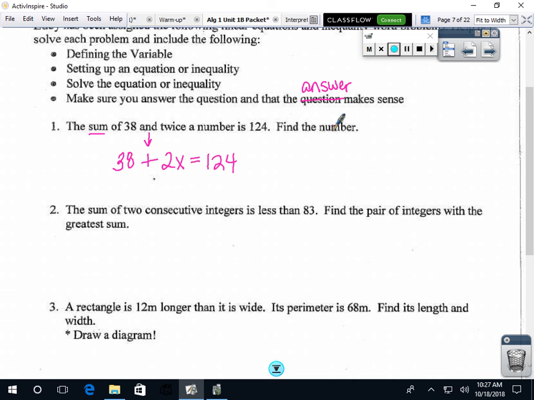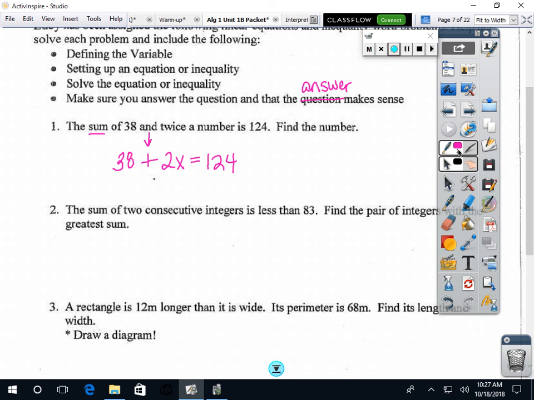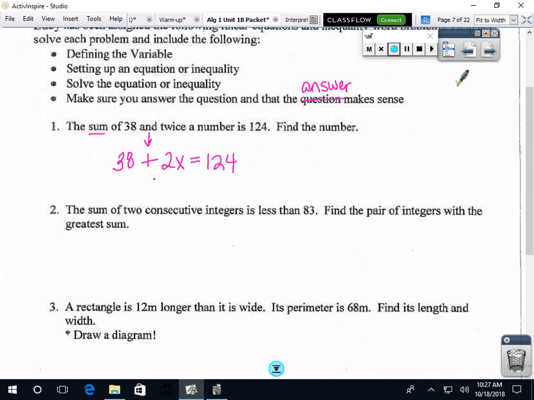Now we need to find the number, which means we need to solve for the x. So what would we do first? Okay, I heard too much. What did y'all say? Okay, we don't have to, but that's fine if that's what you learn in middle school. What's the first operation we need to do? We're trying to get x by itself, so what needs to move to the other side first? Actually, the 38.